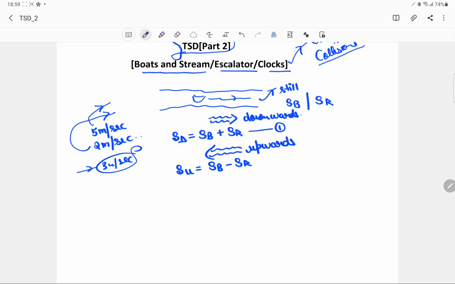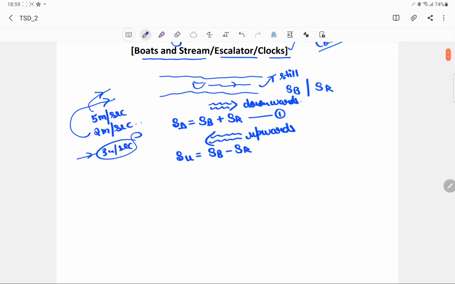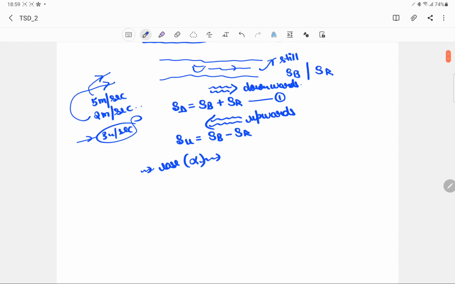And that is what the entire concept of boat and stream is about. You need not remember anything from this. For each and every question, it is just about solving and easing up the calculation. The very important thing I have noticed for these questions is to ease up your calculation, and this will come automatically as you practice more aptitude questions; no one can teach you that.